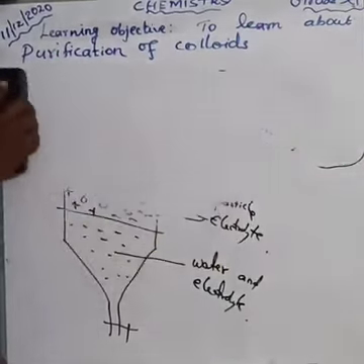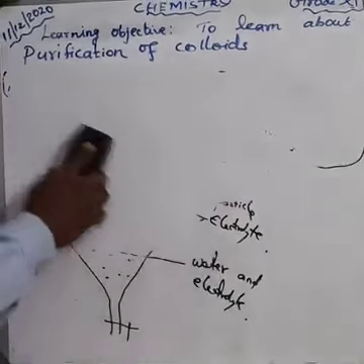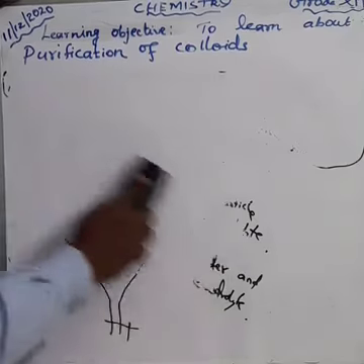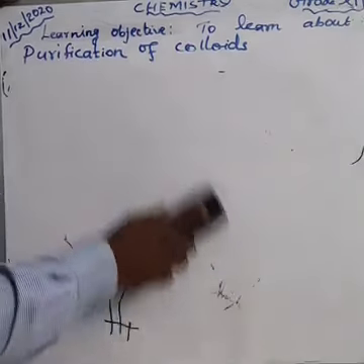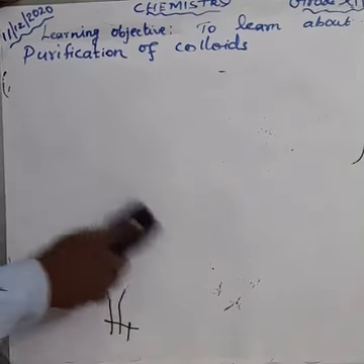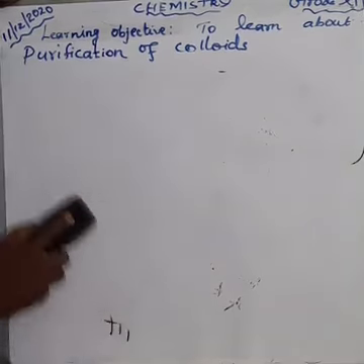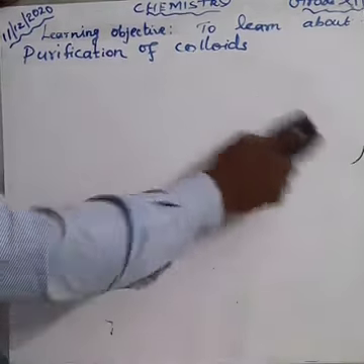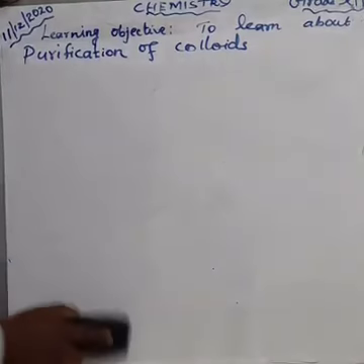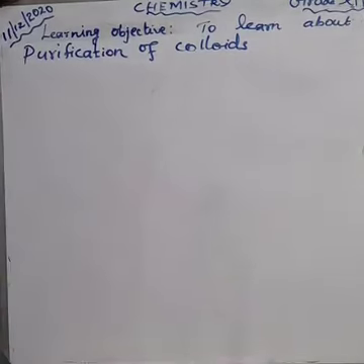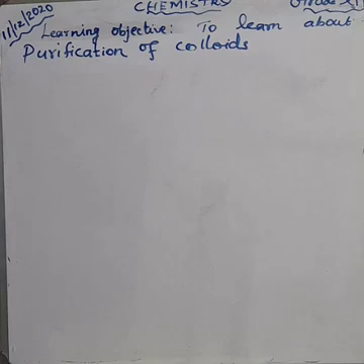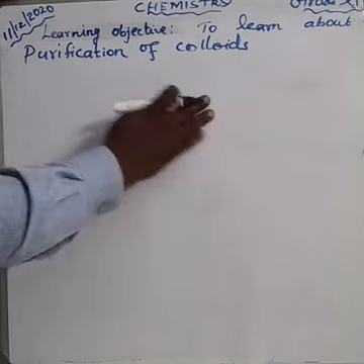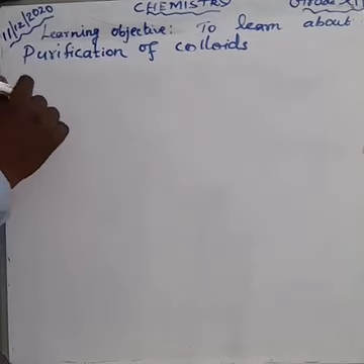Especially, the kinetic properties are very important. We have the optical property and also the kinetic property. Here the optical and the kinetic properties are very, very important. Optical property, all of you know, is based on the Tyndall effect.